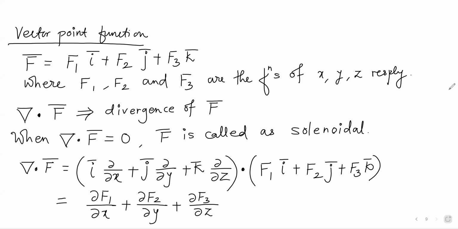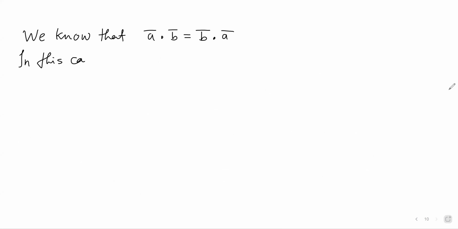Now we know that dot product is always commutative, correct? We know that a bar dot b bar is the same as b bar dot a bar. So in this case, whether del dot f bar is the same as f bar dot del, correct?